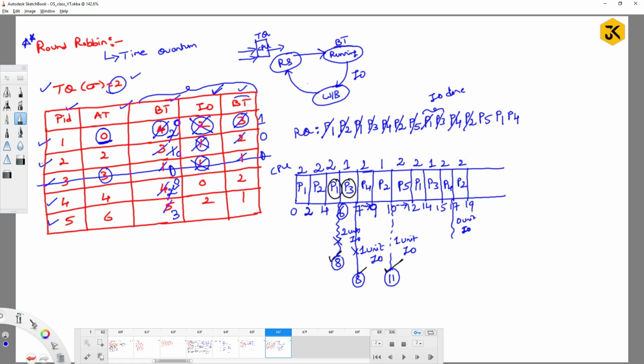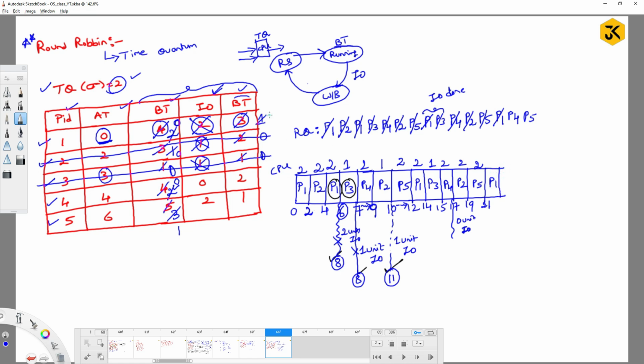Right? As it completes, I can cross it out. Next, the chance is given to P5. P5 will execute for 2 units of time and will complete by 21, right? Next, the chance is given to P1.